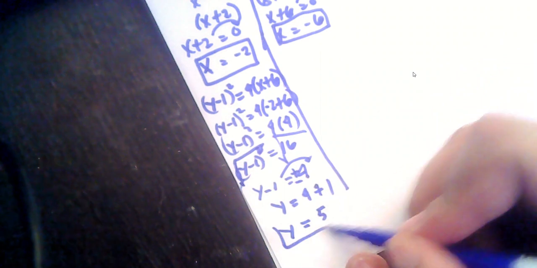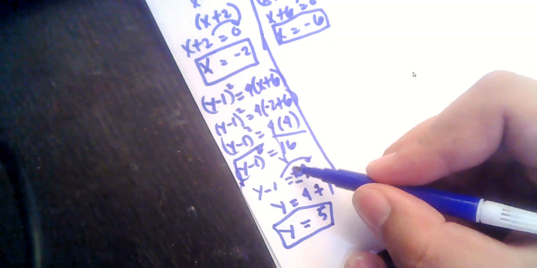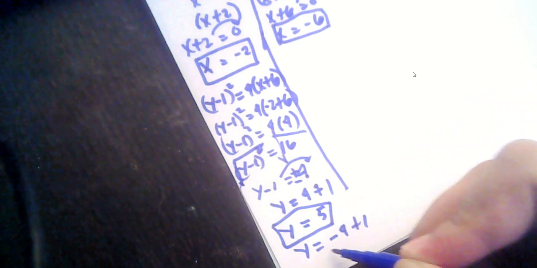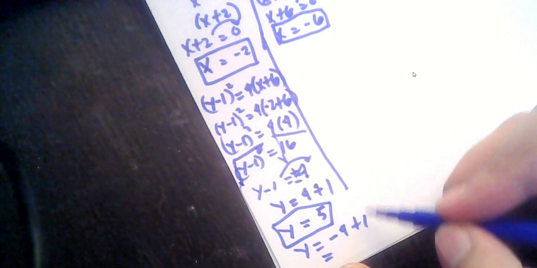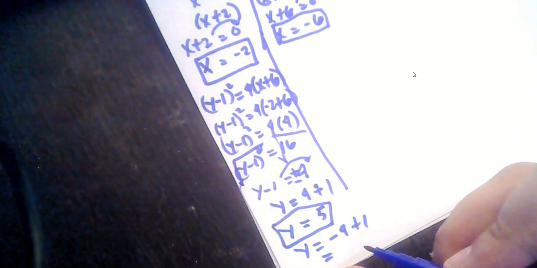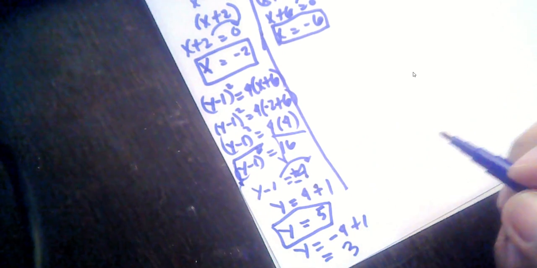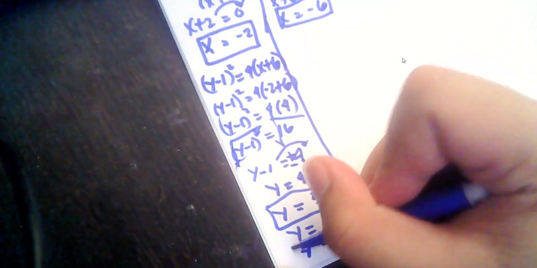This is now the value of y, because that is the square root of 16, that should be positive or negative. So we are done with the positive. How about if y minus 1 is negative 4? So y is equal to negative 4 plus 1, that is going to be 3. That's it. So you have y is equal to 5 and 3.